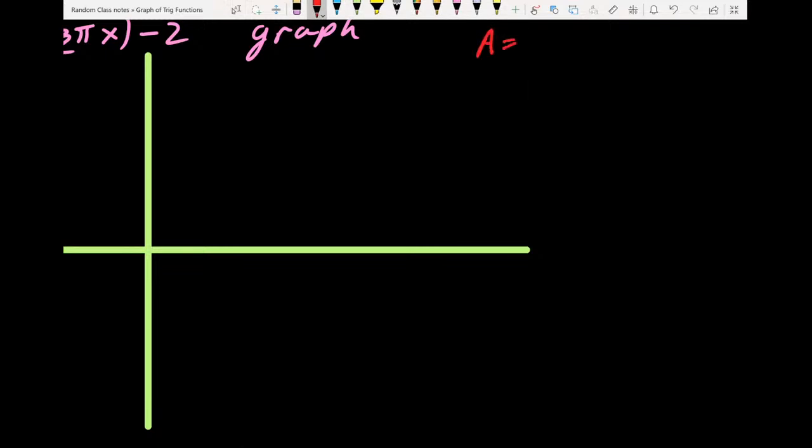What's the amplitude? It's min or max, it will be 2, but because it's negative, it's going to act a little bit different, right? What about the period?